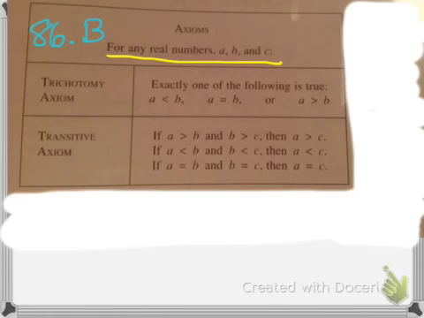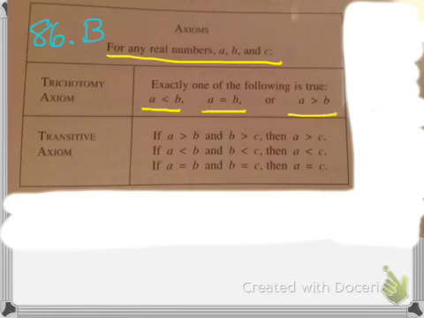Okay, so here are the two axioms. It says for any real numbers a, b, and c. First of all, we're just going to talk about a and b. If you pick any two numbers, you know that either a is going to be smaller than b, or a is going to be equal to b, or a is going to be greater than b.